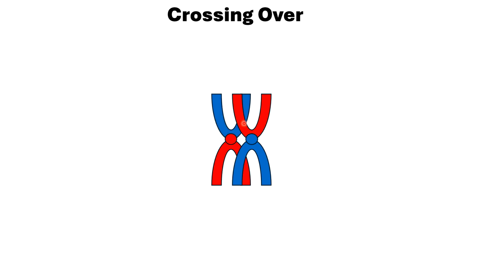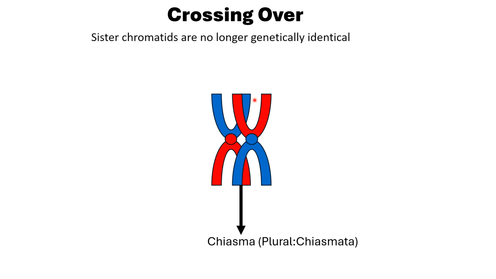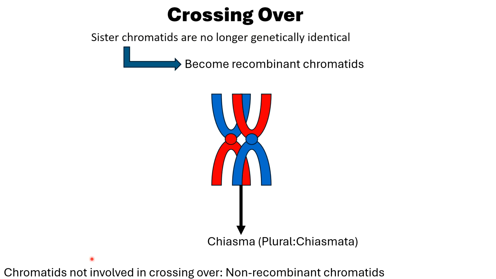They swap by the chiasma, and because of that, the sister chromatids are no longer genetically identical to one another, and they become what's called recombinant chromatids. The chromatids that are not involved in crossing over and are still genetically identical are called non-recombinant chromatids. Make sure you note that down as well.